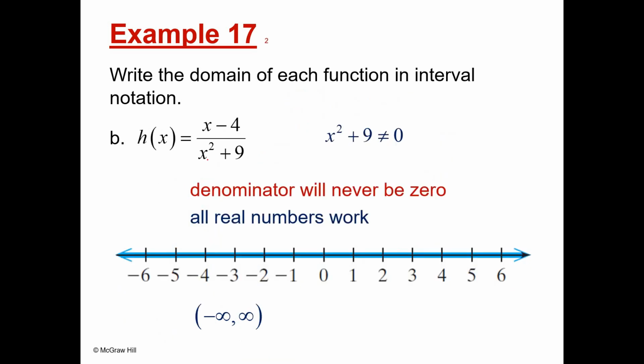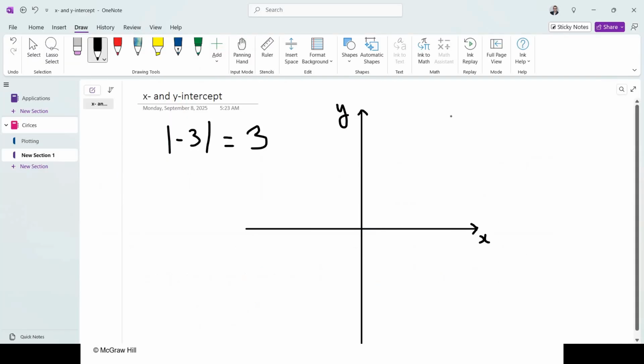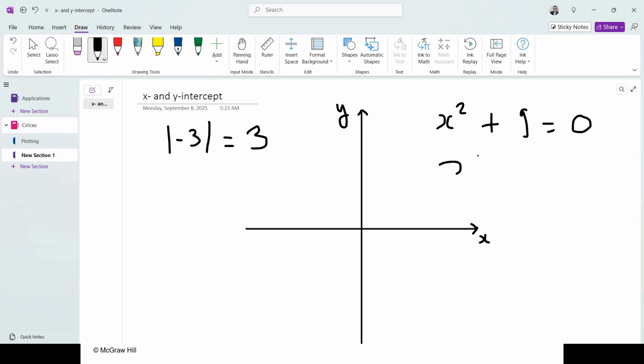Another example, x minus 4 divided by x squared plus 9. So x squared plus 9 cannot be 0 because we cannot divide by 0. To find which value for x would give you the denominator to be 0, we're gonna write x squared plus 9 equal to 0 to find the value of x.